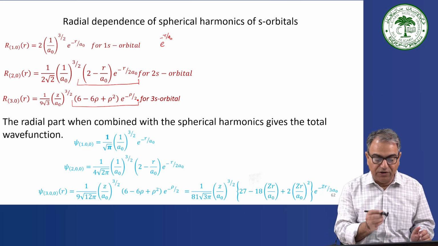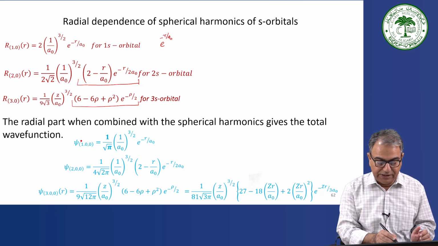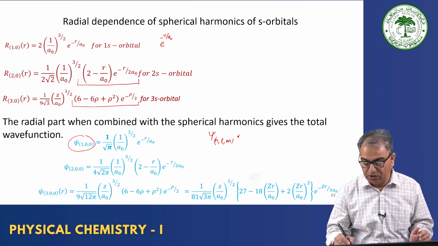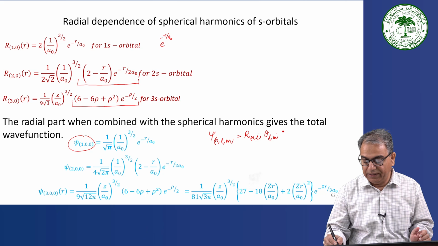Now if you want to write the total wave function, you designate it as psi 1 0 0. With all three quantum numbers you write psi n, l, m as the total wave function, and this will be a combination of R, which depends on n and l, then theta, which depends on l and m, and then phi, which depends on m only.